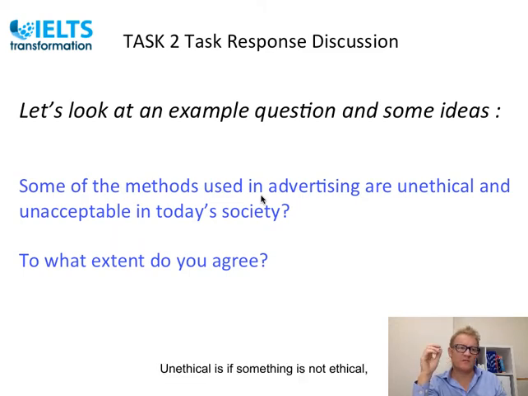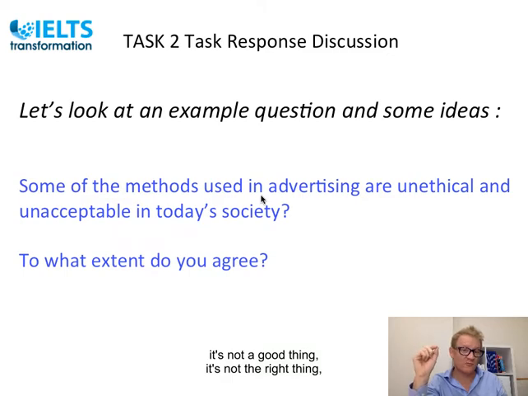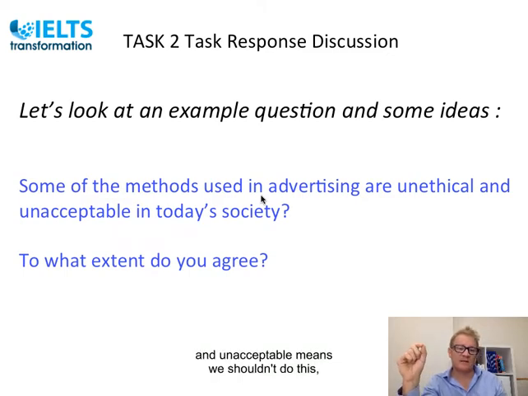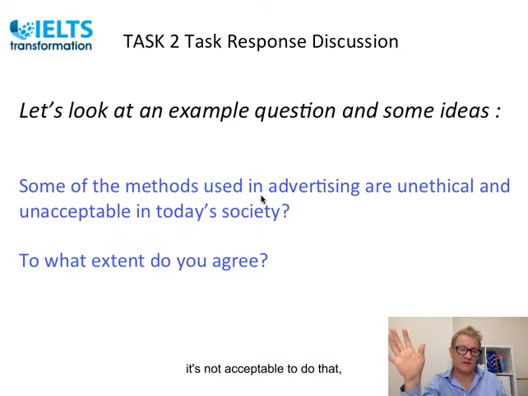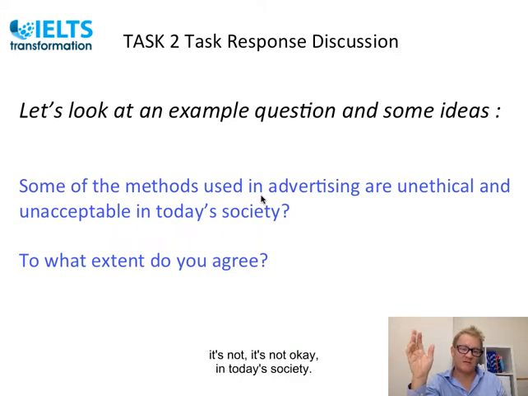So unethical is if something is not ethical, which means that it's not moral, it's not a good thing, it's not the right thing. And unacceptable means we shouldn't do this. It's not acceptable to do that. It's not okay in today's society.